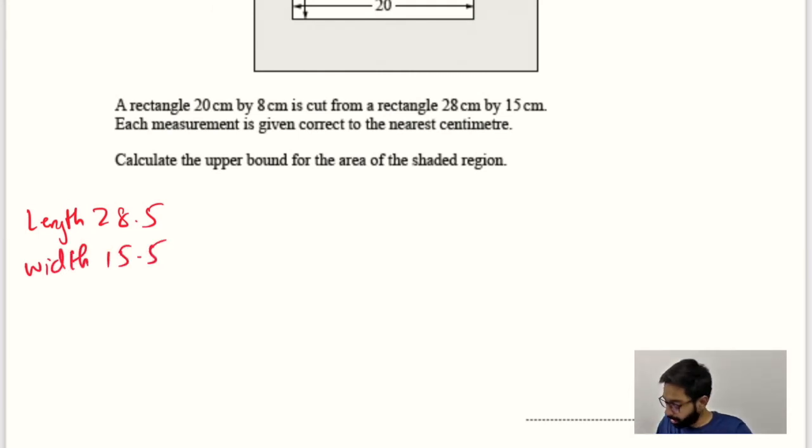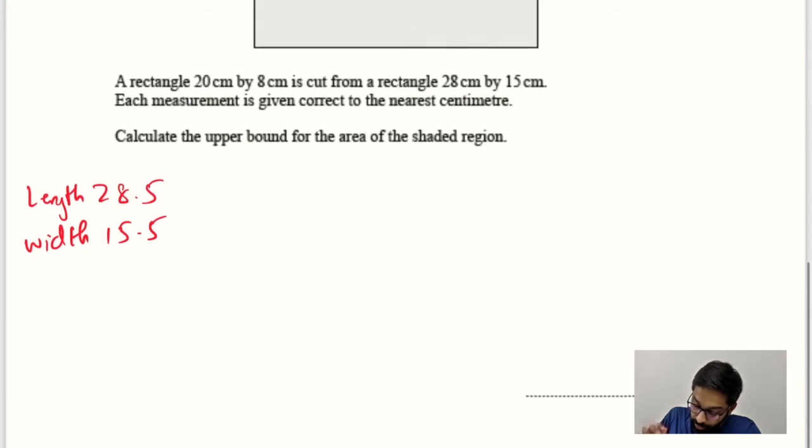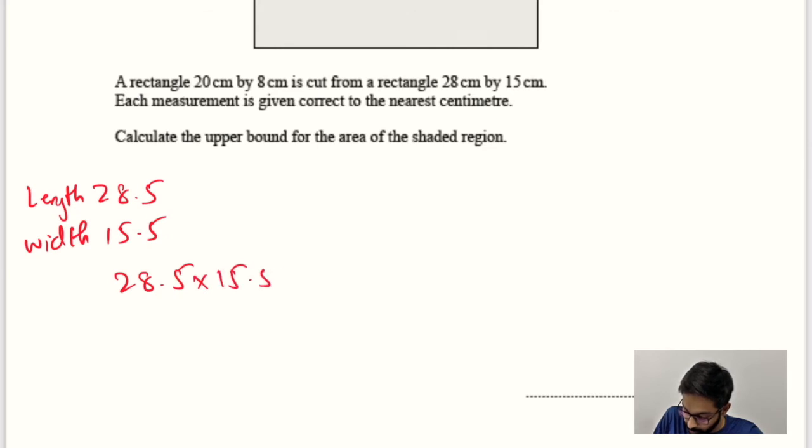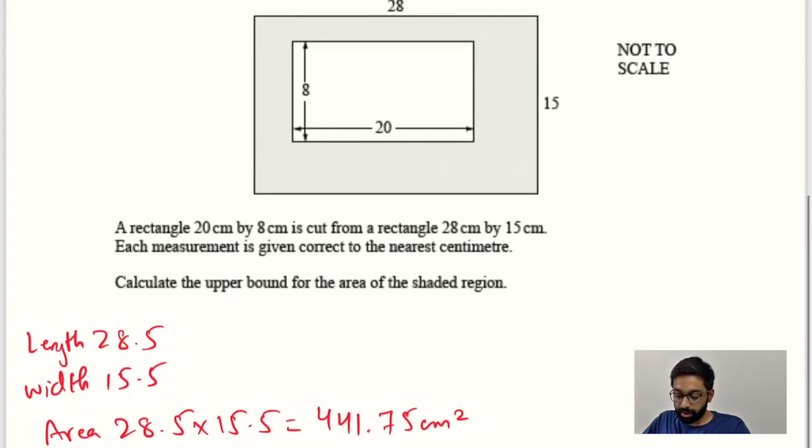Now when you multiply both these numbers, 28.5 times 15.5, the area that you get for the larger rectangle including the unshaded area is 441.75 centimeters square.